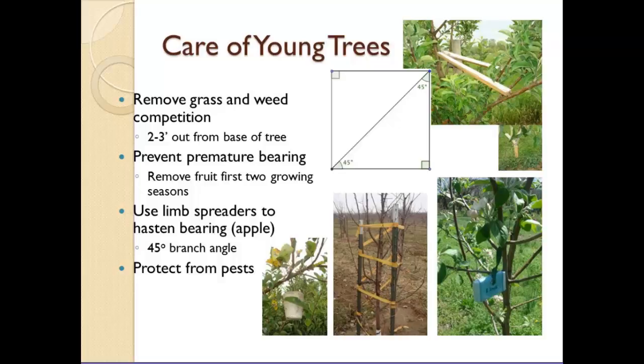Again, ways to flatten out branches. And you also need to protect from pests. You've seen the picture in the center, and also you can see some bar soap hanging in the lower right-hand corner. Again, even though you're not producing a crop yet, they are attractive to certain pests, and so you do need to protect against those.